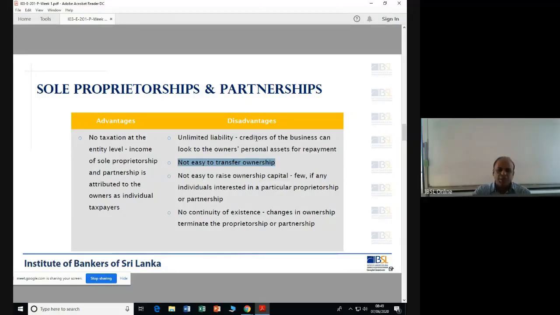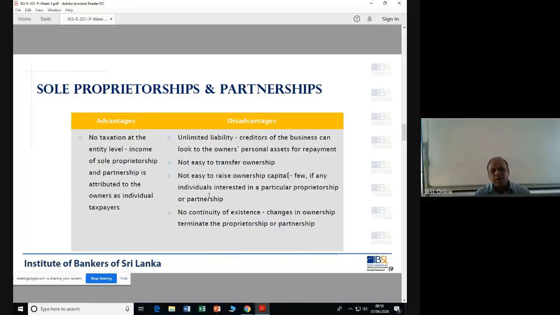And the next point is that it is not easy to raise ownership capital. As I mentioned earlier, for a company, it is very easy, because they estimate the required capital and divide that capital into pieces called shares, and they put it to the public. So the public can go and buy these shares by way of the stock market.